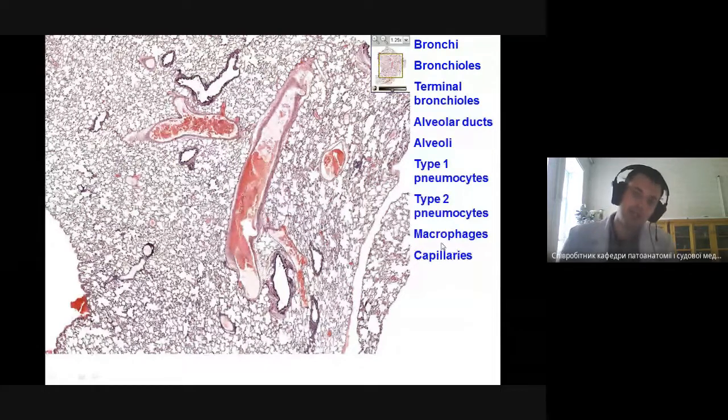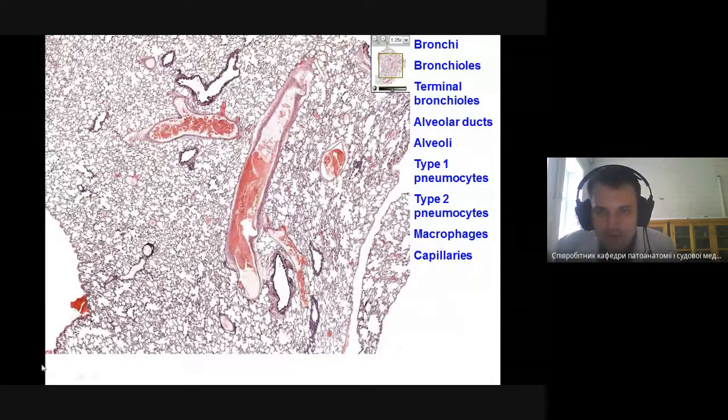However, when you inhale a lot of dust, macrophages have to absorb dust particles. Capillaries, the smallest capillaries there, I think.